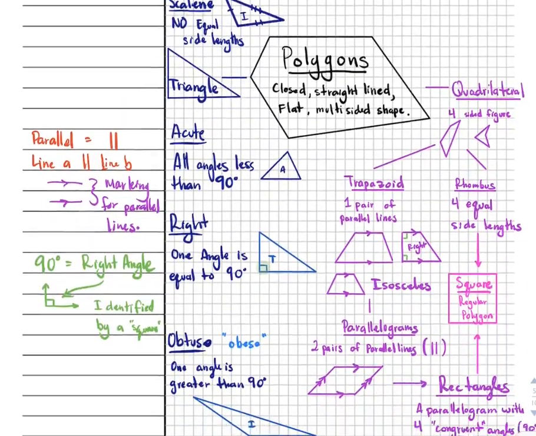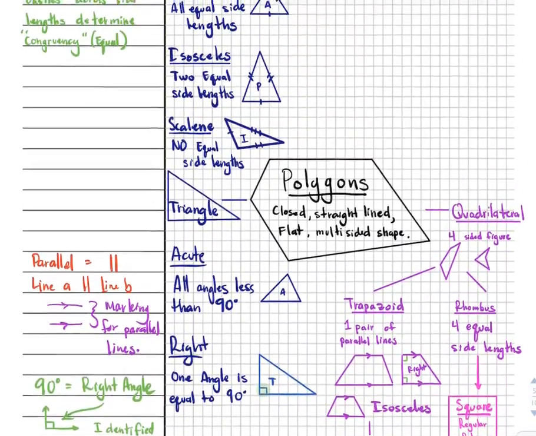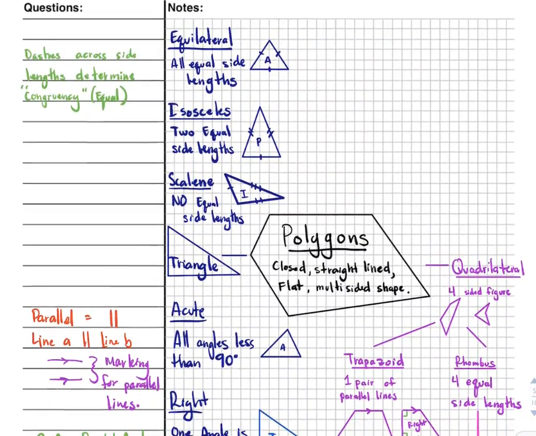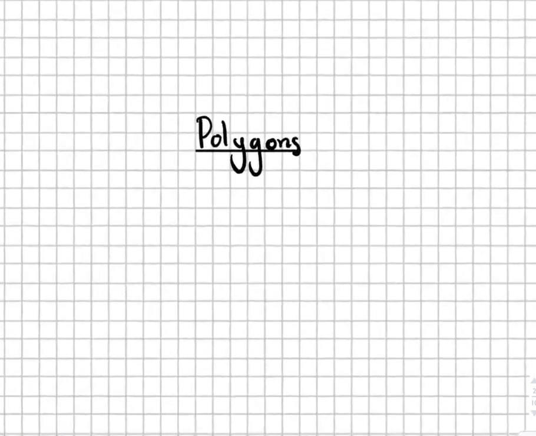We're going to put all this stuff here. So I'm going to start with polygons closer to the middle top, maybe a little higher than it is right now. For polygons, I'm going to make a brief definition. Let me zoom in a little bit.